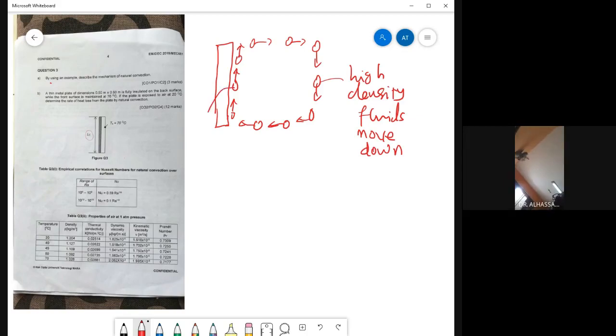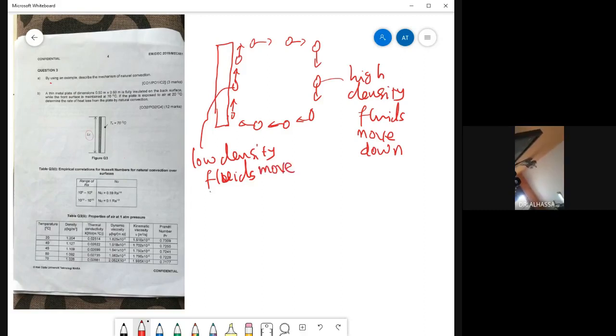And these are low density fluids, which move up, due to increase in temperature and increase in volume.